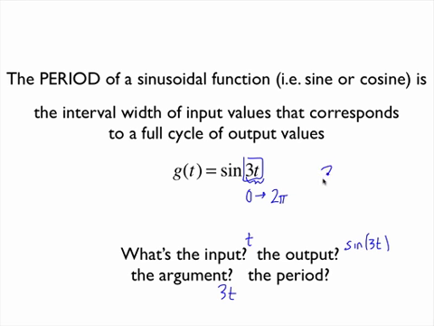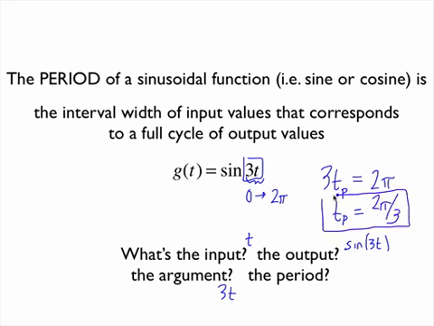And so when we find the period, we were asking what time period will make 3t equal to 2 pi? 2 pi over 3. So what's the period of g? 2 pi over 3, because it's the interval width of input, t, that causes g to go through 1 cycle.